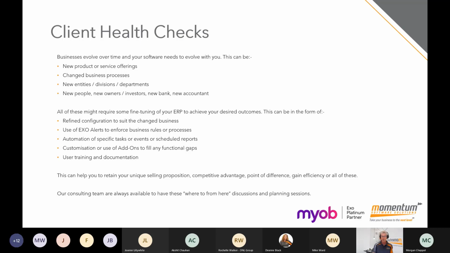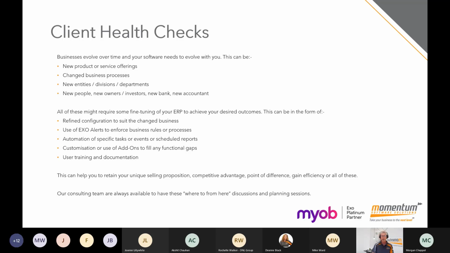Or there are certain fields that are mandatory to complete, and if they're not completed, you shouldn't be able to proceed. So Exo alerts really provide that improved control to keep people doing things the right way and reduce the rework of corrections if they do things the wrong way. So that's something I would encourage you to give some thought to.